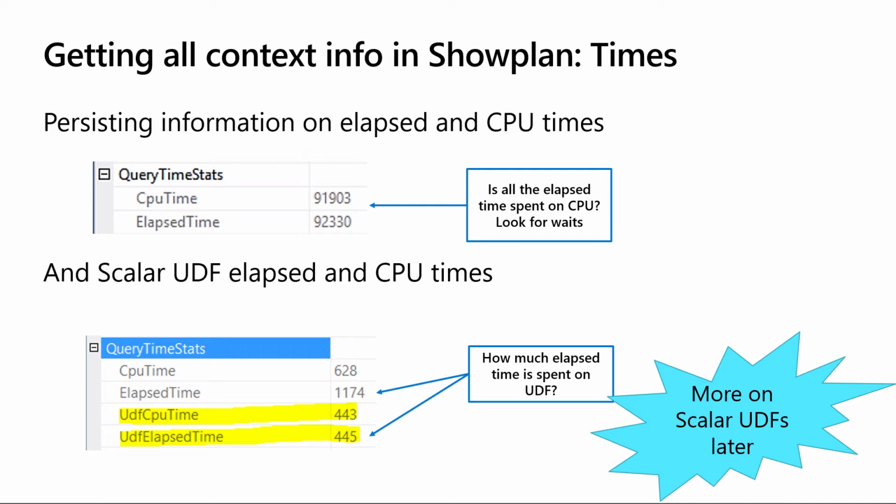In this example here, we see that the overall query spent 628 milliseconds of CPU, of which the overwhelming majority was actually spent executing the UDF. This is because while the internal execution of these functions is hidden in the query plan, you only see an execute scalar operator that has zero cost.